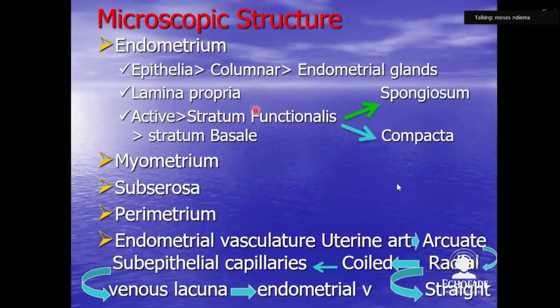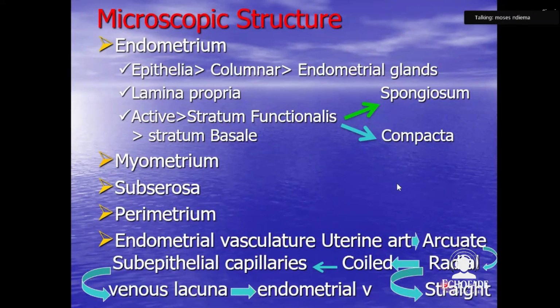When that blood supply is denied, this part undergoes ischemia, then there is degeneration of the cells. After that degeneration, that's now the menstrual flow. So all that part of the stratum functionalis is shed off because there is no blood supply to it because of the coiled arteries. But the stratum basale is constantly supplied by blood, the straight arteries.